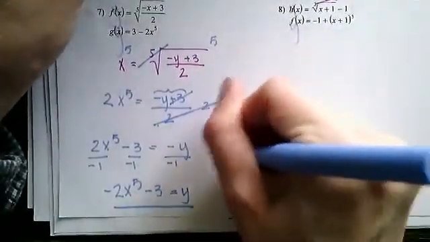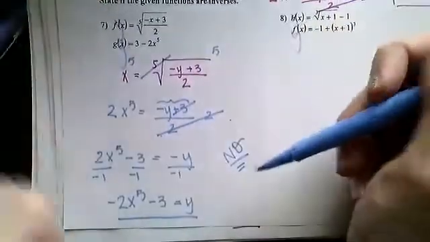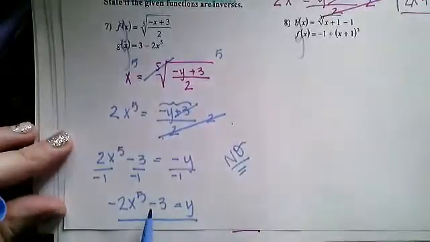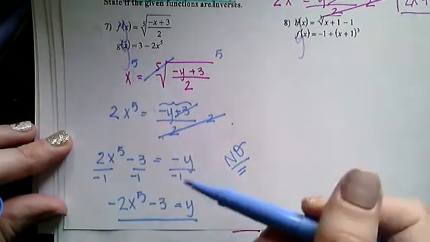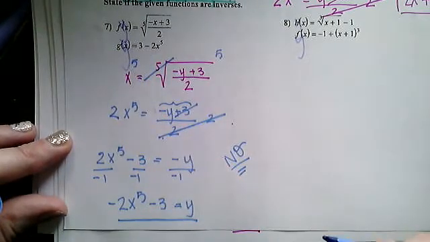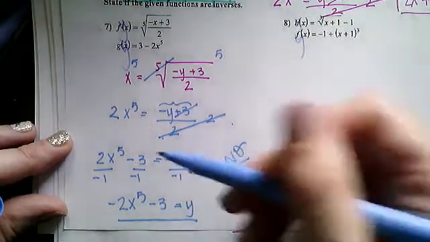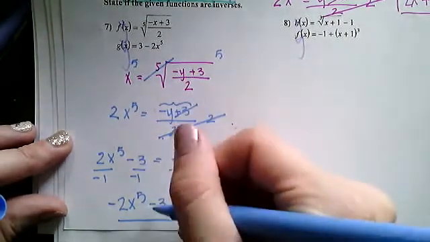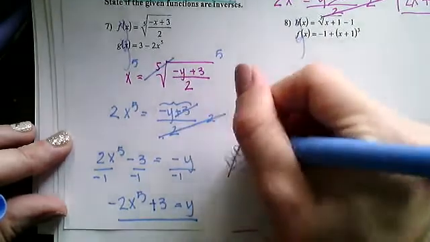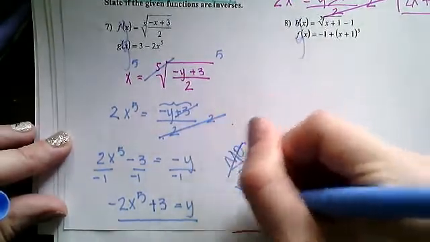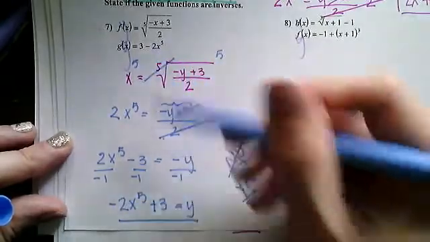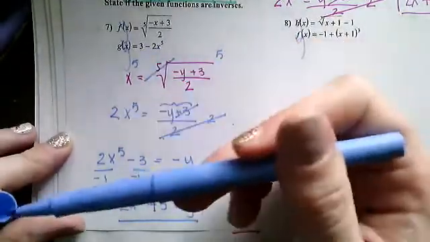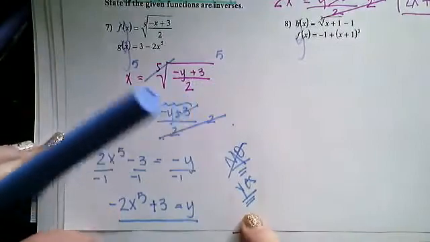So we just put no. And we did all that work just to get a no. But if that had a positive 3, we would put yes. But since it's oh, you know what? Miss Amanda messed up. A negative divided by a negative is a positive. So the answer is yes, because we have this expression matching this expression. So they are inverses.